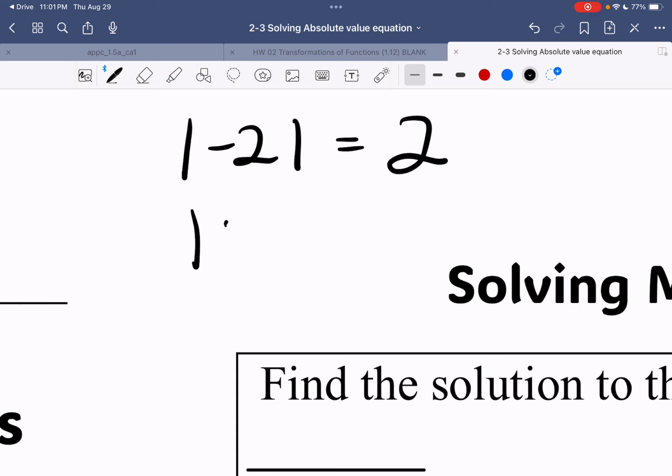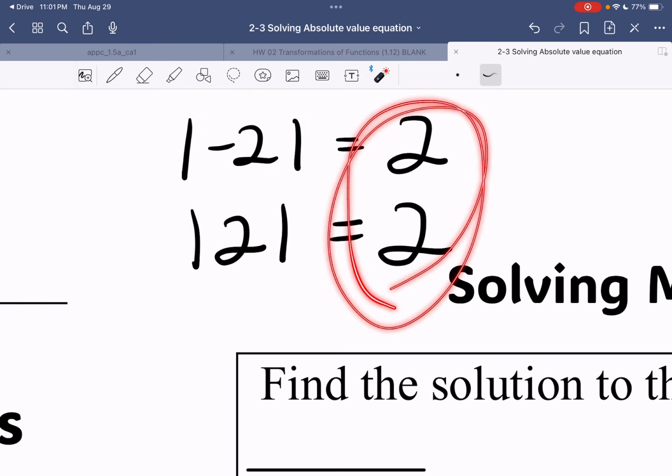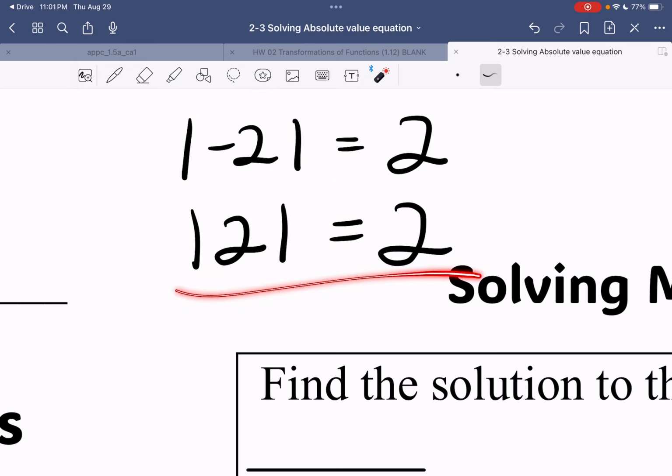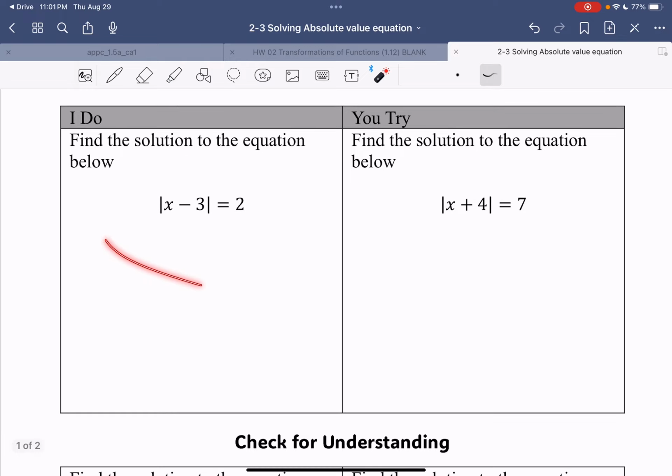But even if you put +2 into the absolute value, that still gives you +2. Do you see negative and positive both give you +2? That's the special property of the absolute value, so you will usually have two solutions.